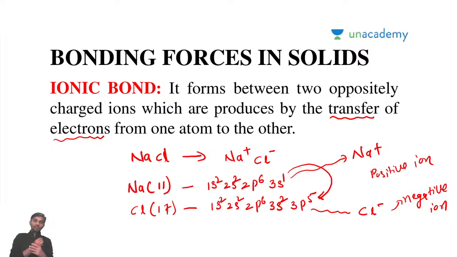Now I'll tell you why Na becomes Na plus, and what Na plus represents. Just now I told you the atomic number of Na is 11.